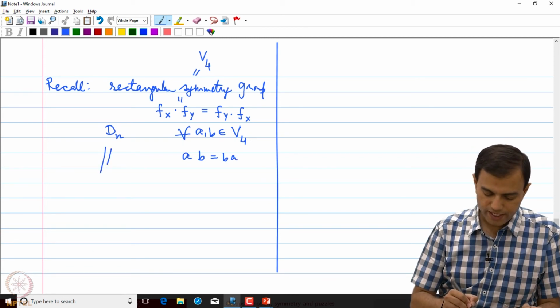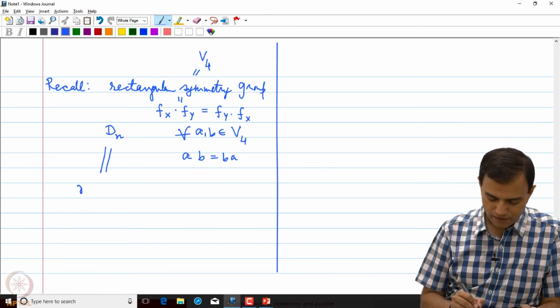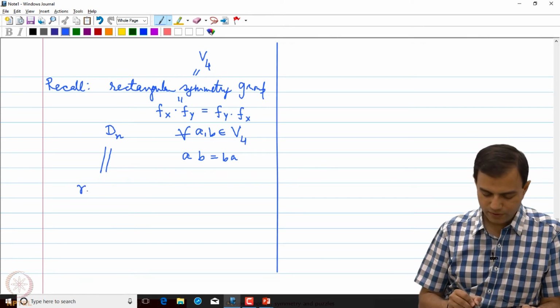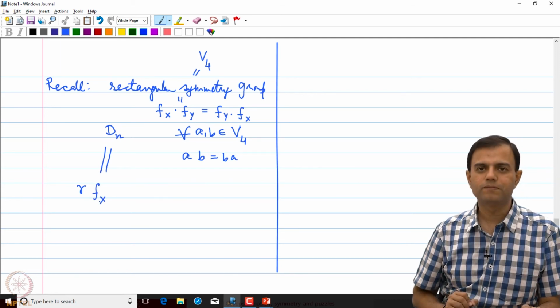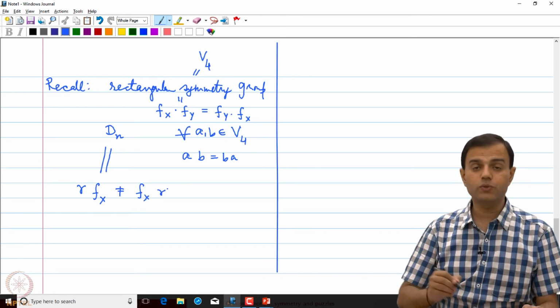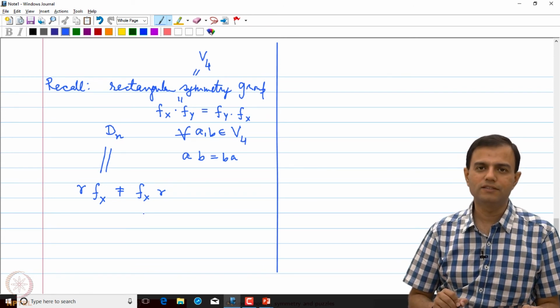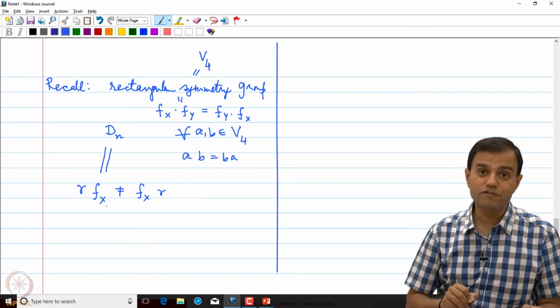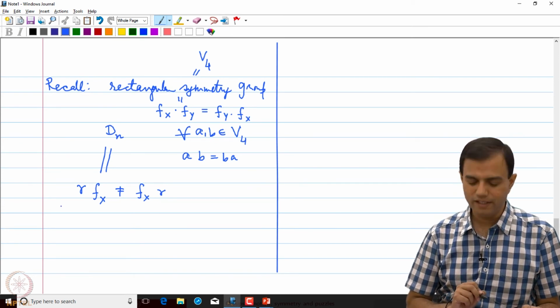But if you take Dn and try experimenting, if you take R and then you take, say, Fx, it's actually not same as Fx R. So, we first rotate by 90 degree and then flip about x axis. It's not same as first flipping about x axis and then rotating by 90 degree.